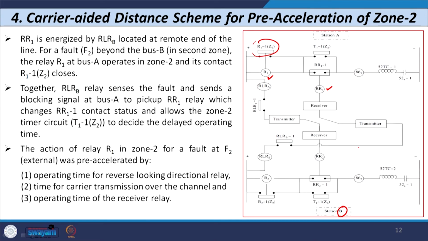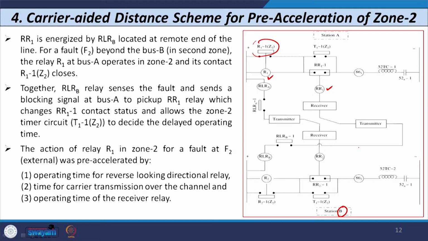The reverse looking relay senses the fault and sends a blocking signal to bus A, which will further pick up the receiver relay and change the status of its contact RR11, and hence allow the zone 2 timer contact, that is T11 Z2, to operate in this case. The only difference from the previous case is that we have the reverse looking relay available in pre-acceleration of zone 2, which is going to send the blocking signal.